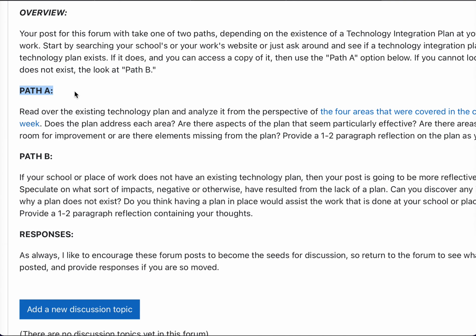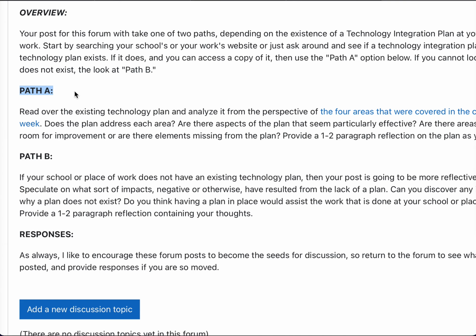Just look over whatever that plan is and come up with a paragraph or two about your initial thoughts about it. Does it look like it contains what it should contain? Are there things that you see that could be improved on or that are missing? If you have been on the receiving end of a technology plan in your own school, do you think it actually was implemented well?